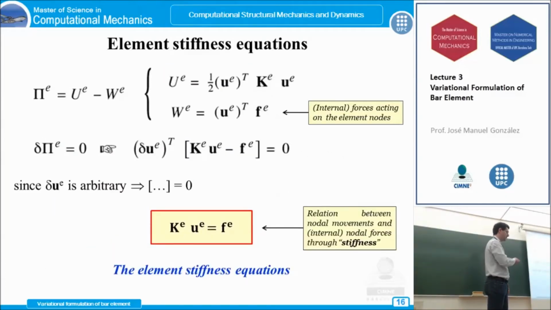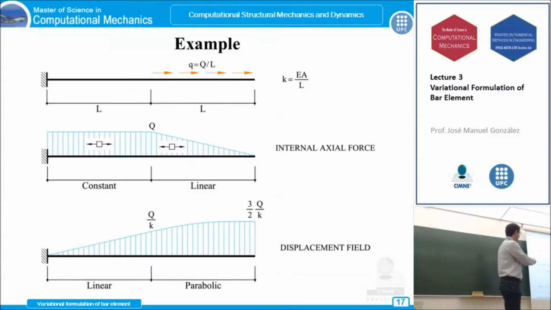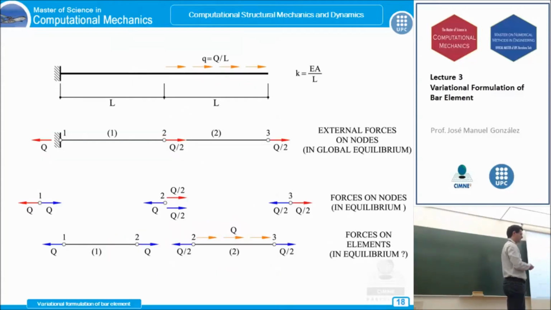So this discrete expression leads us to this solution. What happens with the external forces? Well, the external forces are the ones there, Q, which is Q divided by L. So we have 1/2 of this total force applied in node 2 and node 3. The reaction here will be Q, of course. So these are the external forces in the nodes.